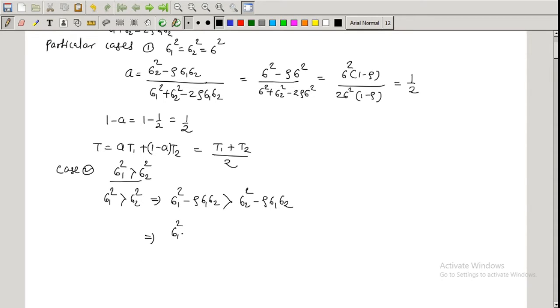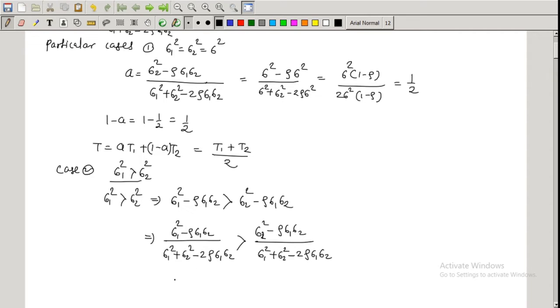I'll get sigma 1 square minus rho sigma 1 sigma 2 divided by sigma 1 square plus sigma 2 square minus 2 times rho sigma 1 sigma 2, which is greater than sigma 2 square minus rho sigma 1 sigma 2 divided by the same denominator.